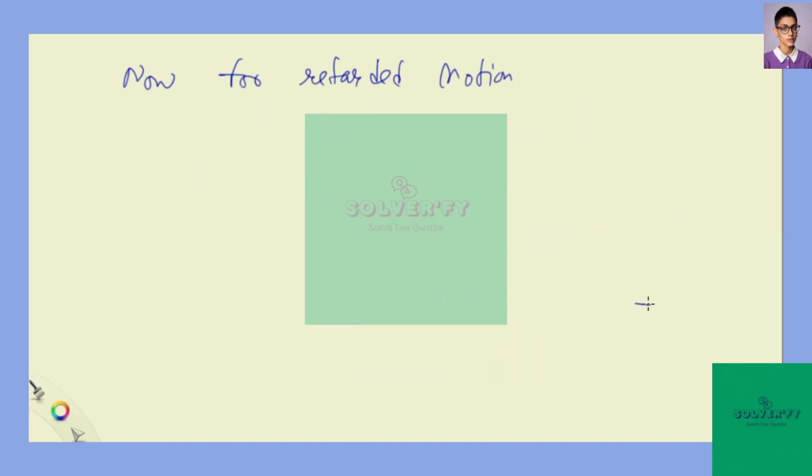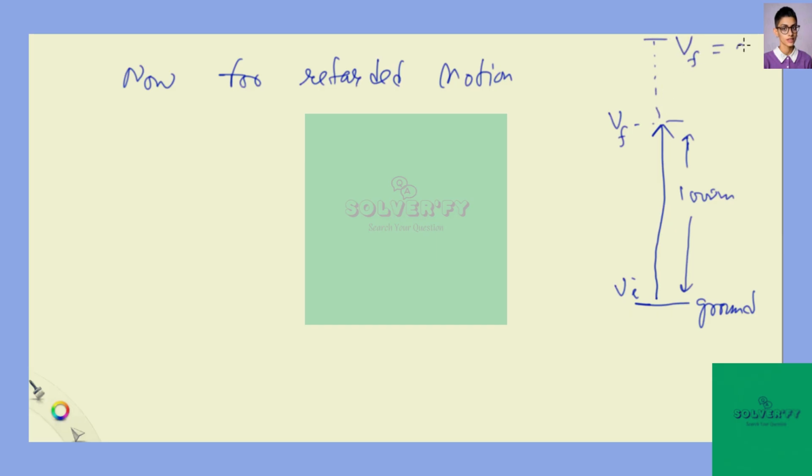Here, if we say this is the ground, this is Vi over here, then at the height of 1000 meter it becomes Vf, and then for the retarded motion up to the maximum height, this is capital Vf, which is actually 0. And for this retarded portion, this Vf behaves like the initial speed.